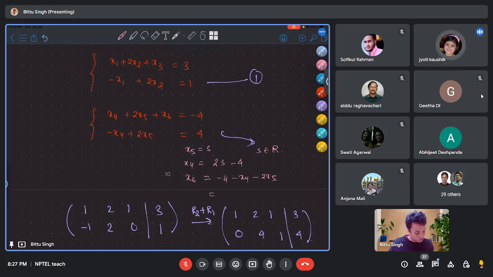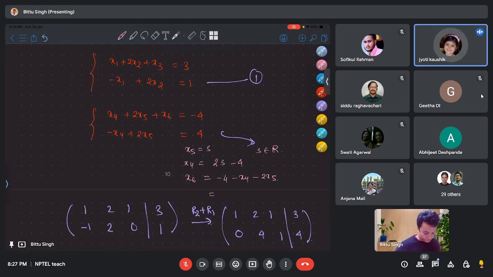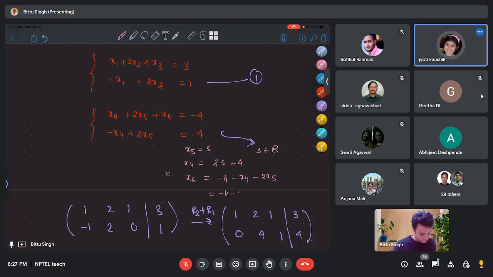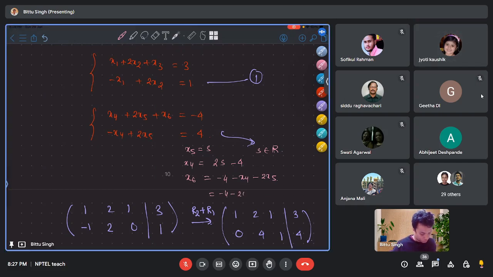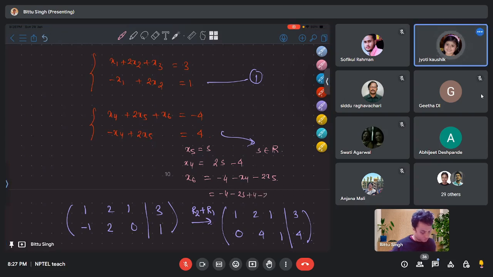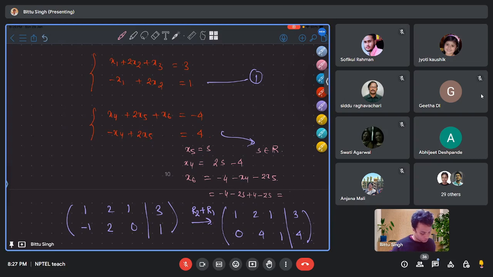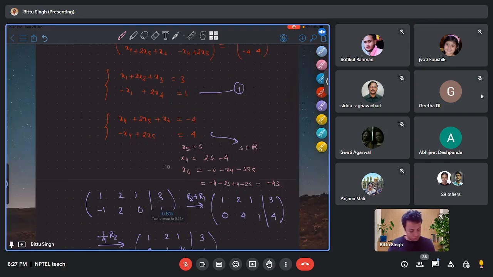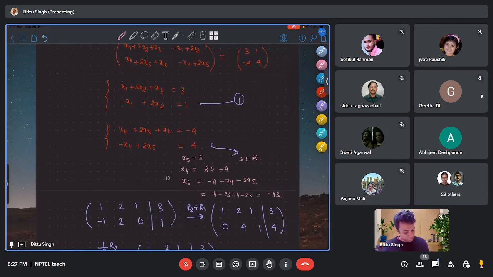So what is this? Minus 4 minus (2s minus 4) minus 2s, that is 4s minus 4s, minus 4s. So you get a solution of this form.